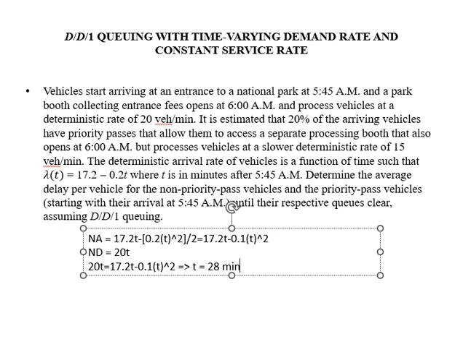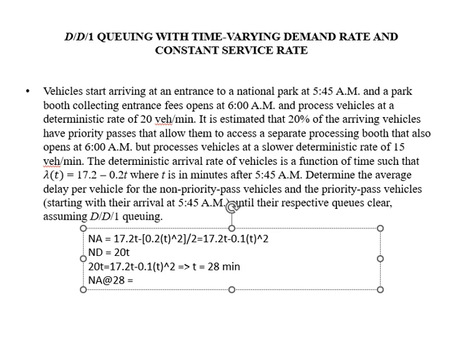The next thing is how many vehicles arrive in 28 minutes? Tell me, how many vehicles arrive in 28 minutes? So N arrived at T equals 28 is 403 vehicles, whatever.